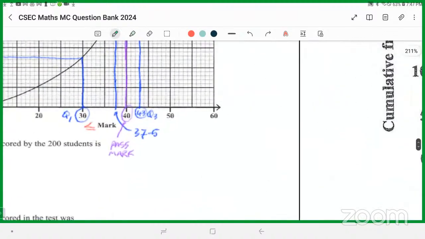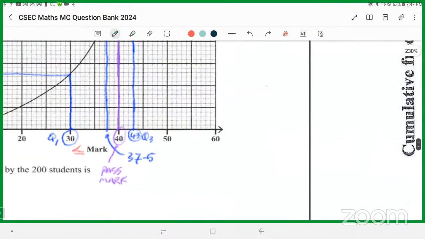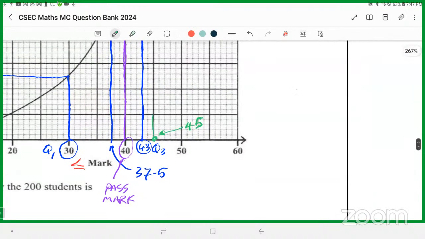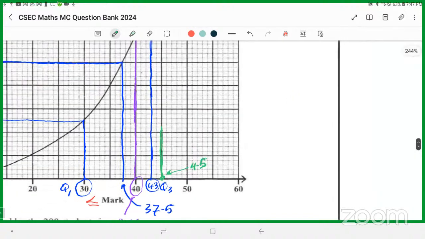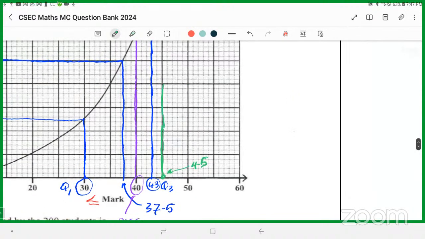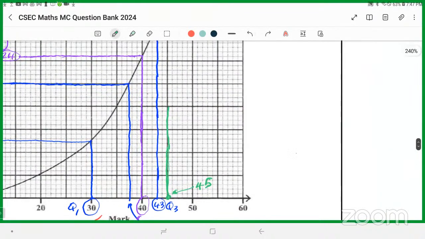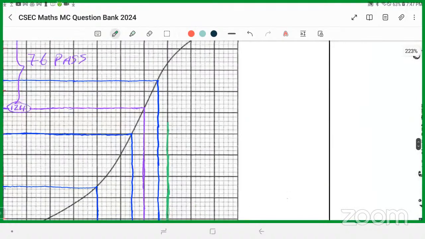So 45 is this line right here. You come up on the graph and see how many students scored less than or equal to this mark. Remember I told you the graph is a less than or equal to graph. So you come up on the graph and it will tell you how many persons got less than or equal to 45.